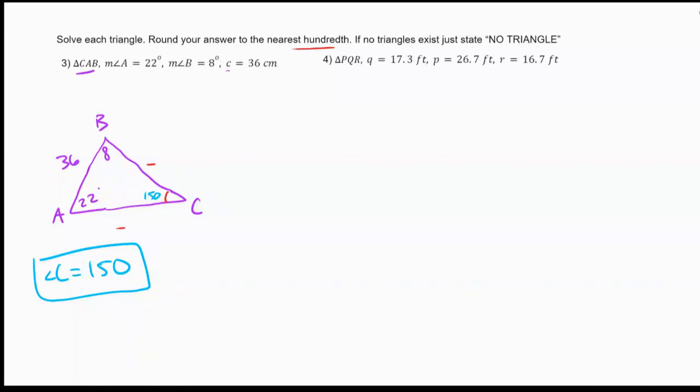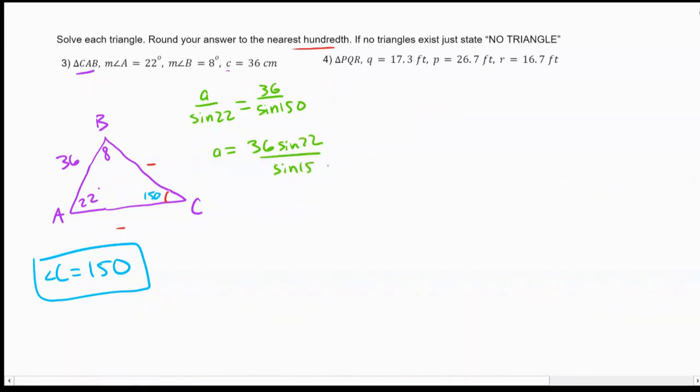So in this situation, I'll go ahead and solve for side A first. Side A, using the law of sines, I'm going to get 36 over sine of 150 because I just used the angles and the opposite sides of those angles. So multiply sine of 22 on both sides.